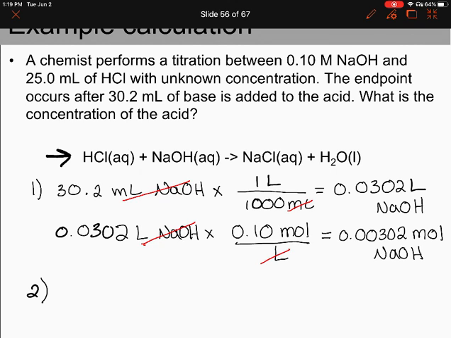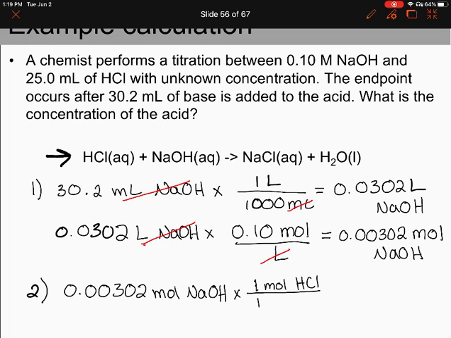So we already said that we have 0.00302 moles of NaOH that reacted with acid. And from our equation up above, we can see that they react in a 1-to-1 ratio. So we'll just put 1 mole of HCl, because we want moles of HCl, in the numerator. And then in the denominator, we will put 1 mole of NaOH.